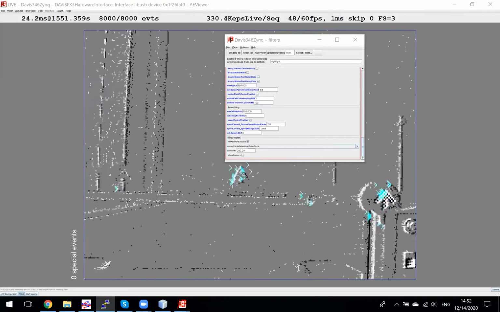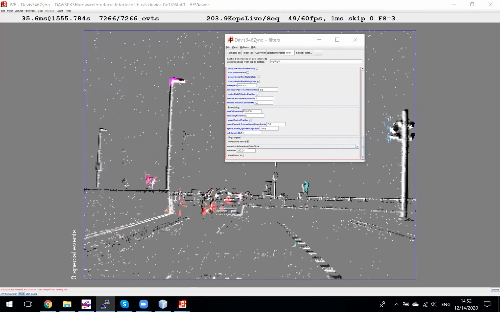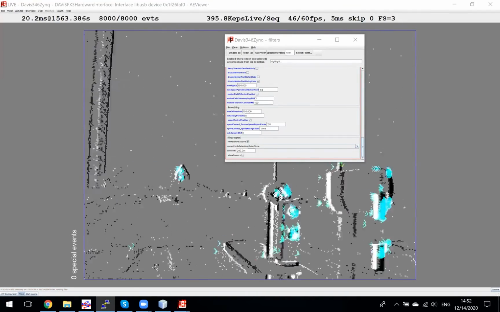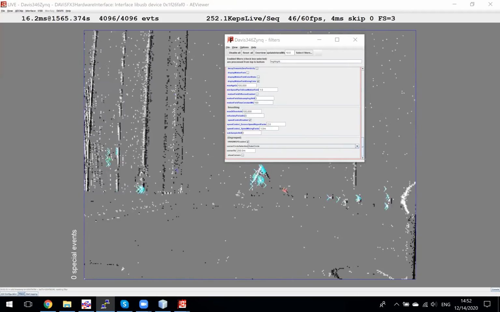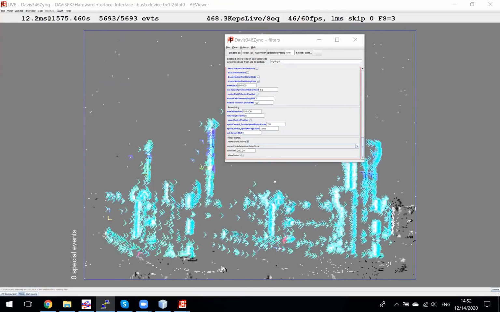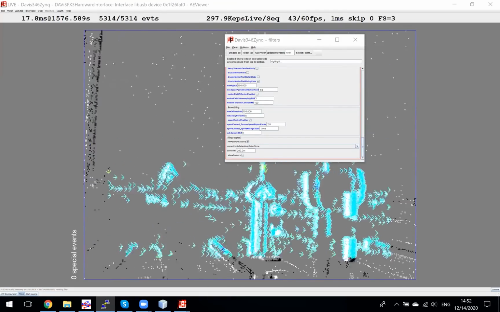Because we have a corner detector before the optic flow. It means our algorithm will first detect the corner and then do the optic flow. If we just use the original one, then all the events will be processed and calculated.